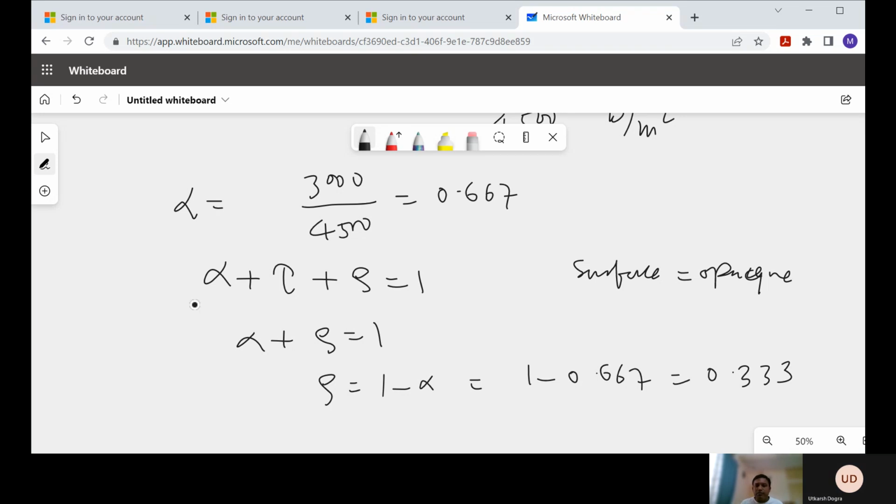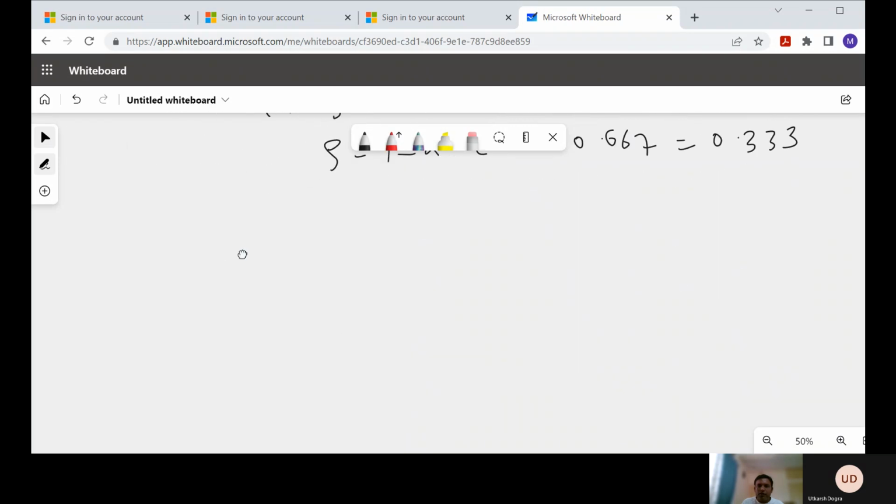Now let's look at the third part. Let me scroll a little bit up. Copy the statement. Third part was the absorbed radiant flux.